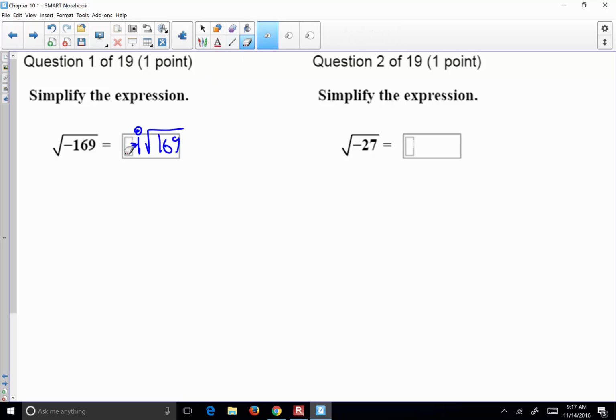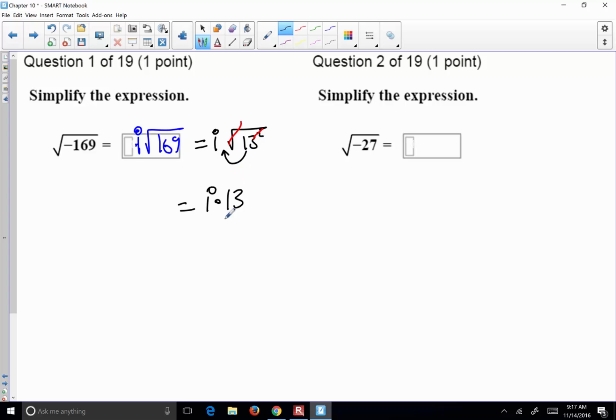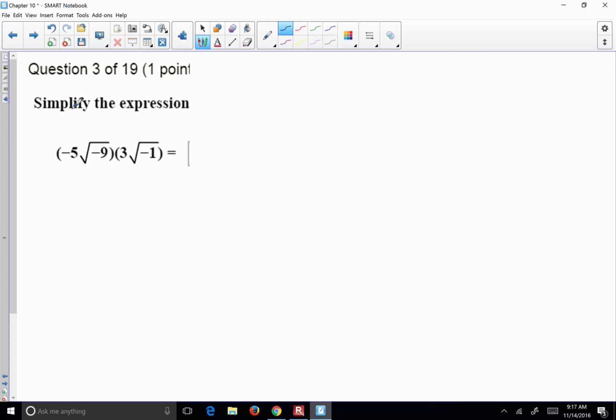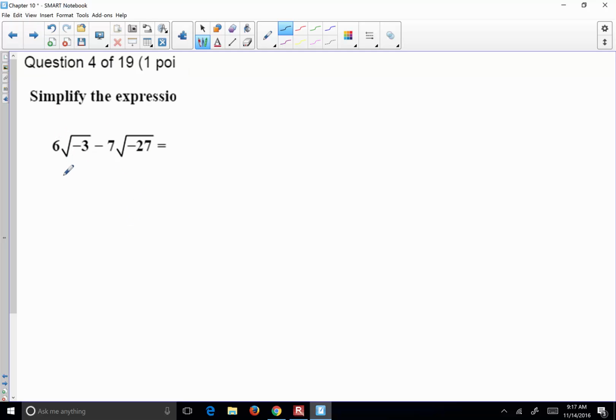We figured out 169 is the square of 13, so this is i times the square root of 13 squared, and the square root and square cancel, and 13 comes out. i 13, we usually like the number in front. 13i was the answer. We did the square root of negative 17 the same way.